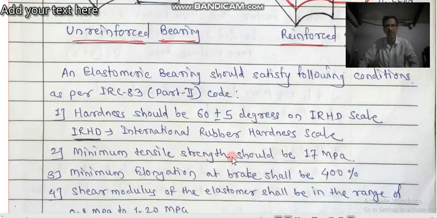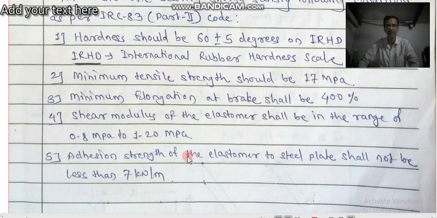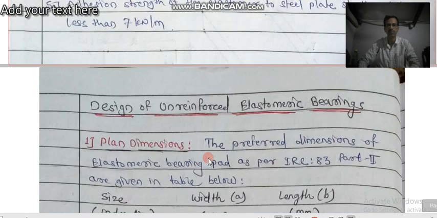The minimum tensile strength should be 17 MPa, or 17 Newton per mm square. Minimum elongation at break shall be 400%. Shear modulus of the elastomer shall be in the range of 0.8 MPa to 1.2 MPa, and the adhesion strength of the elastomer to steel plate shall not be less than 7 kN per meter.